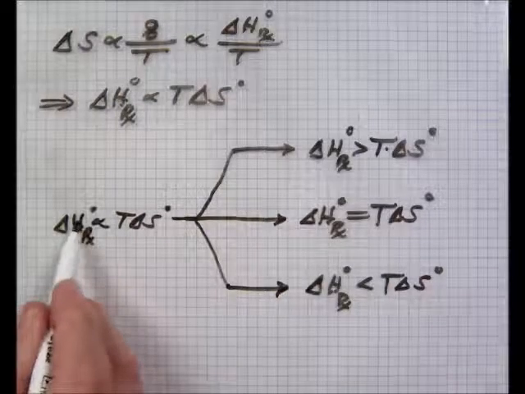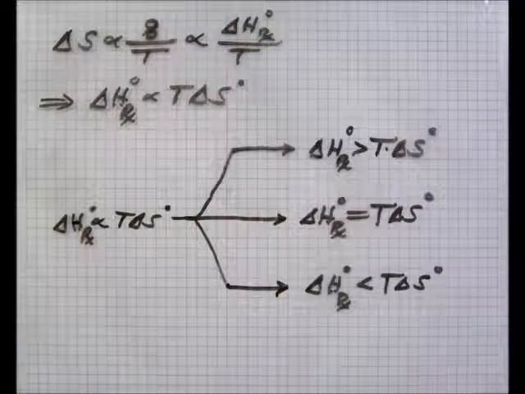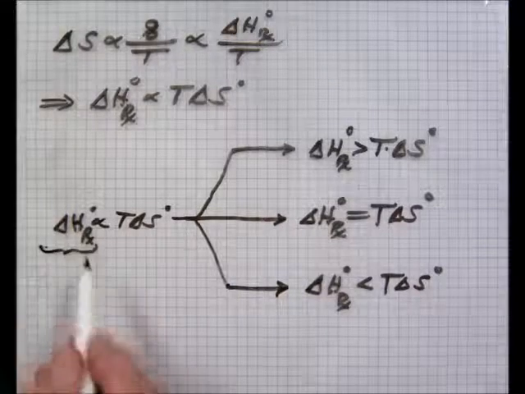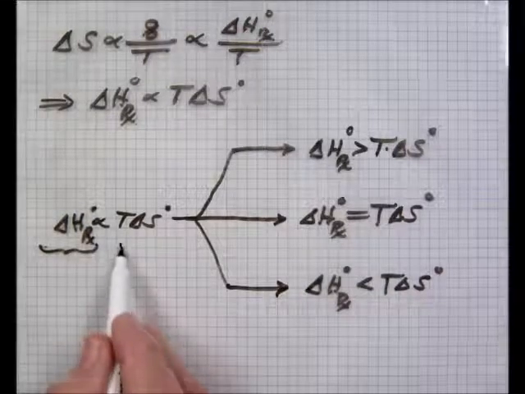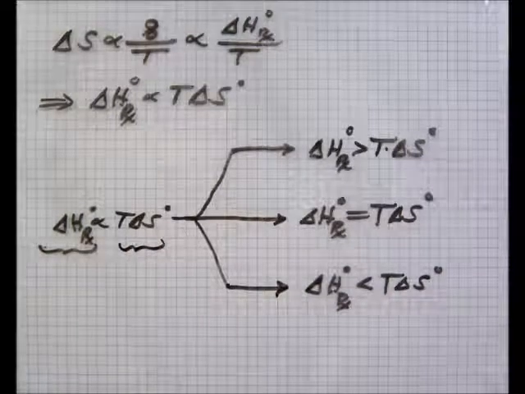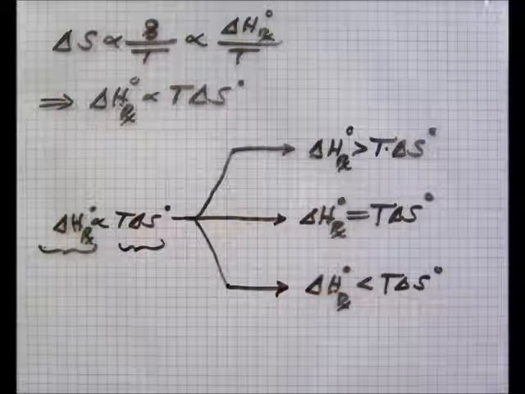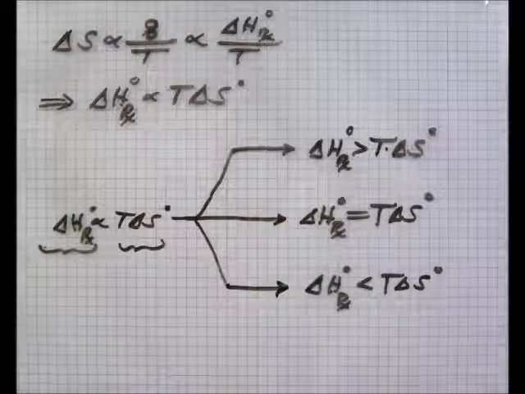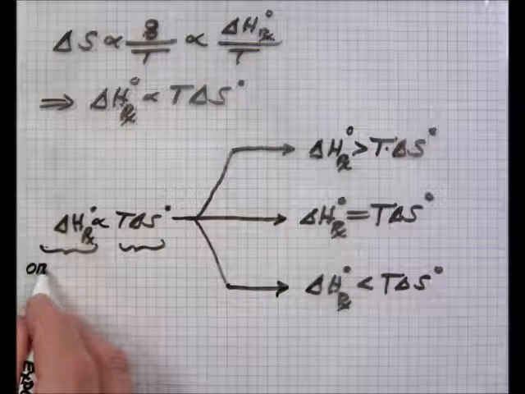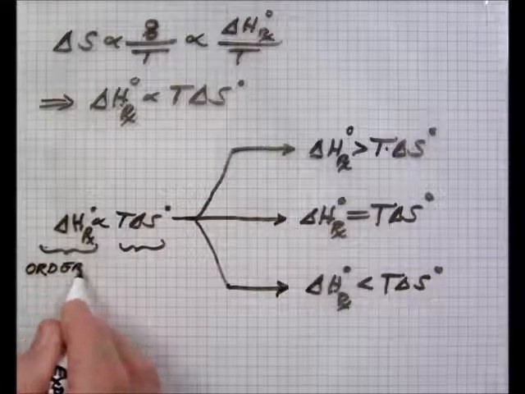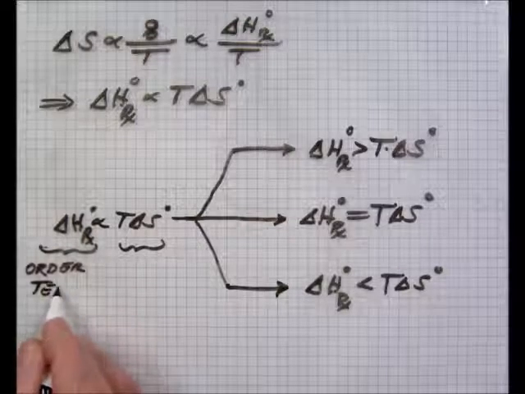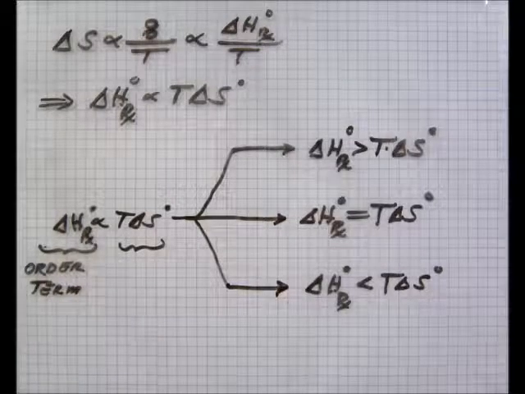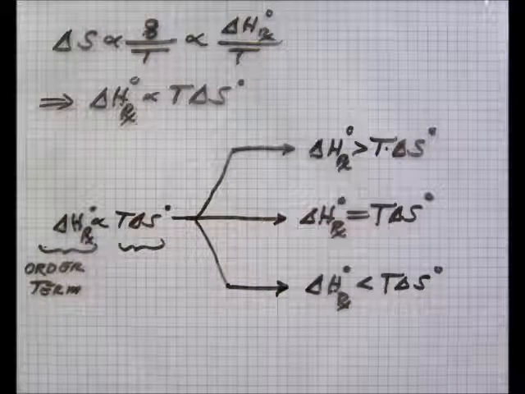Well, in my experience, I found it easier to make this interpretation. If I look at this delta H side and this T delta S side, and call the one on delta H, the first law side, the order term, it's been very useful in turning this abstract equation into some reality.